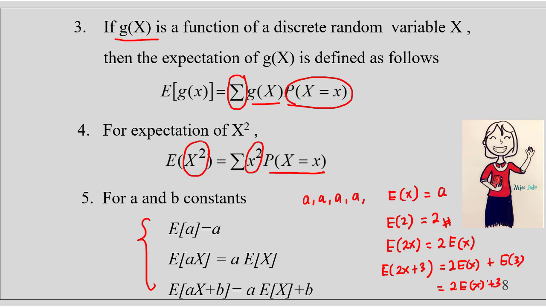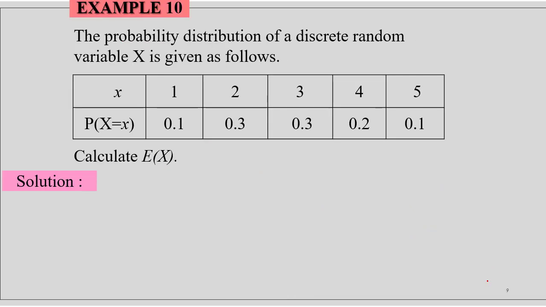Okay, let us move to the examples. There are a few examples to show how to find it. First, we need to find E(X), and the question gives the PDF. Remember, finding the mean can only be done from the PDF. In this case, we write out the total of x multiplied by the probability P(X equals x).